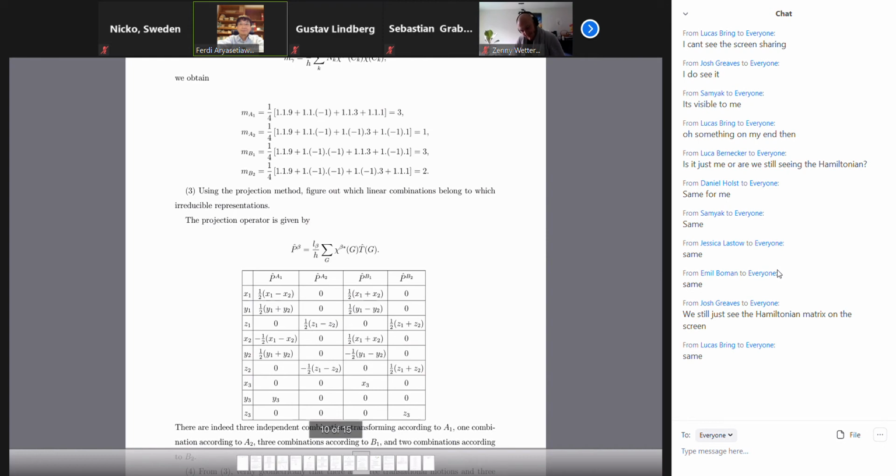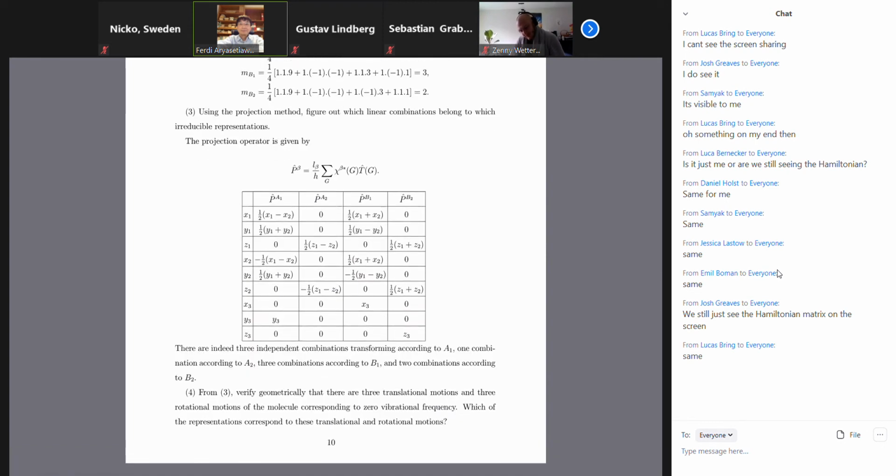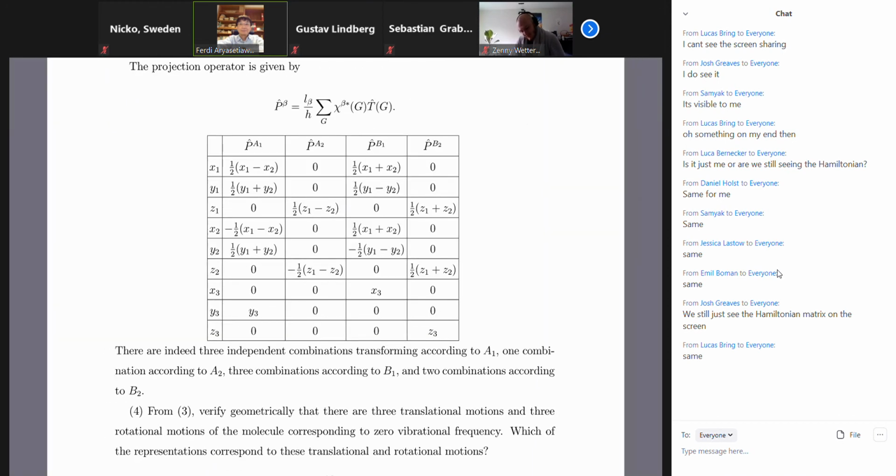Okay, so now we have this projection. I think it is worth discussing this a little bit. So if we look at the column A1 here, we see that there are 3 independent combinations which transform according to A1.